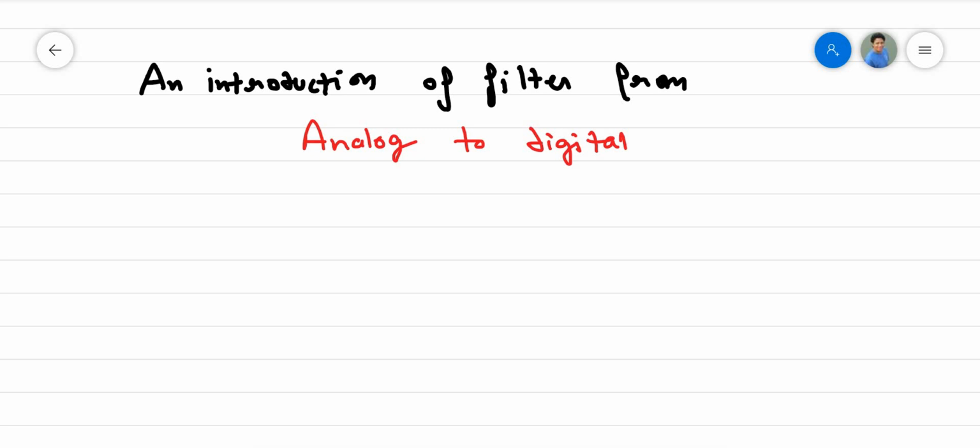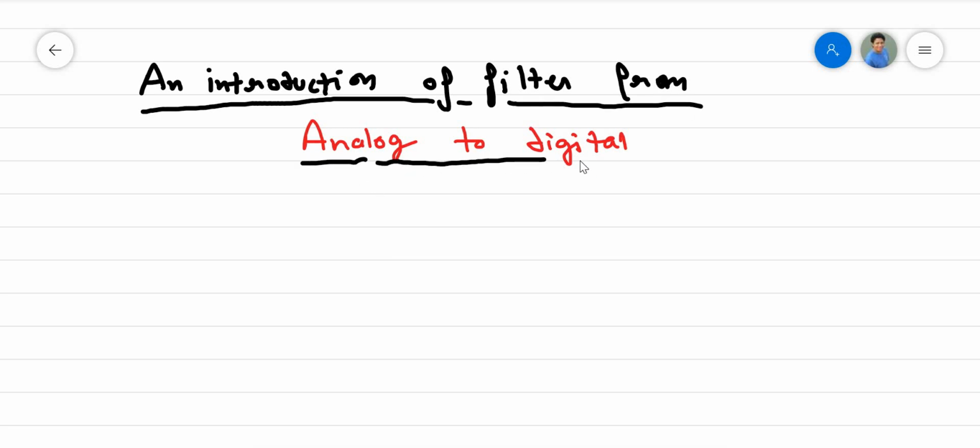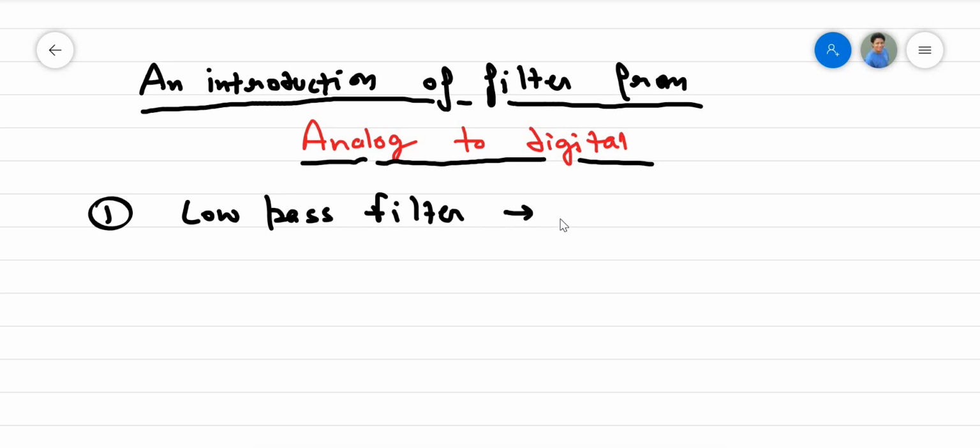So we'll go through this particular topic very quickly and we'll cover the most important aspects, right? Before starting, we are assuming some things. First, we are doing this analysis for a low pass filter, that is LPF, right?